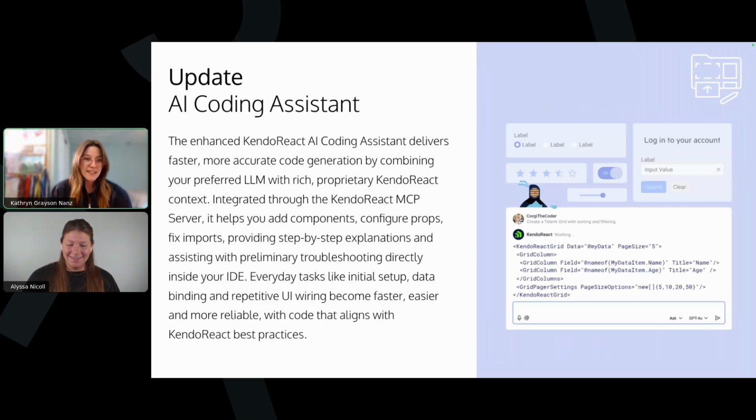We also updated our AI coding assistant. So similarly, just a little bit smarter, a little bit more fine-tuned, giving you a little bit more accurate code. We're just going to keep improving this. I would be surprised if this slide is not in every release for the next couple years, honestly. It's like, guess what? We made it better. We got more data. We fine-tuned things. We added support for new components.